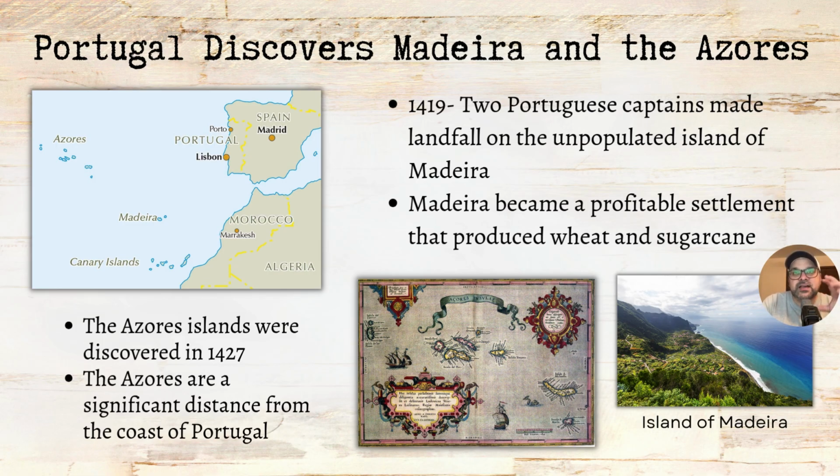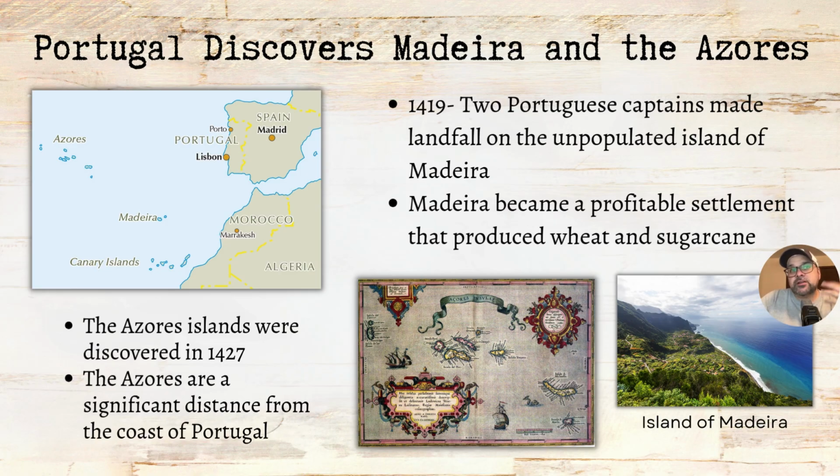So the success of finding and discovering and claiming Madeira would encourage other people to then make discoveries and go off on their own. So this is kind of where we say that Prince Henry the Navigator really kicks off this age of exploration. But again, it is also these two captains who make this discovery as well, João Gonçalves Zarco and Tristan Vaz Teixeira. They both really are responsible for this as well.